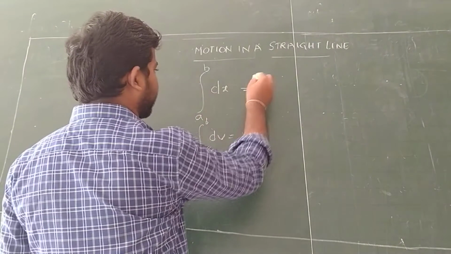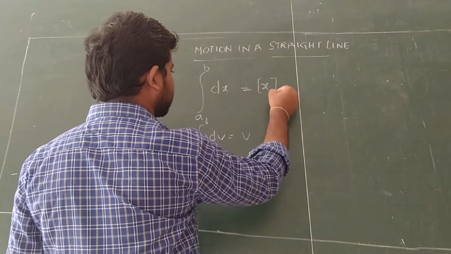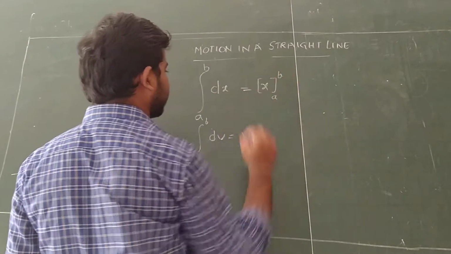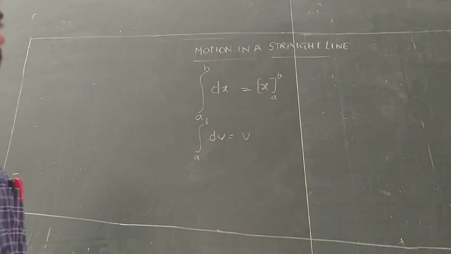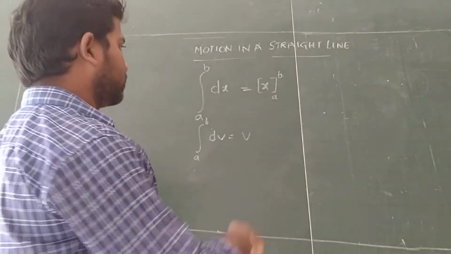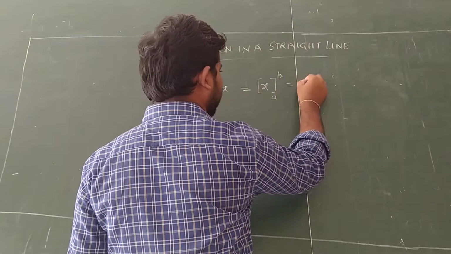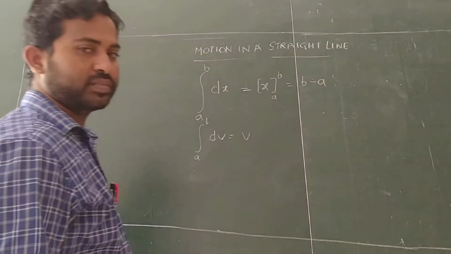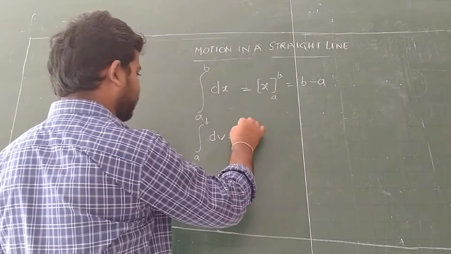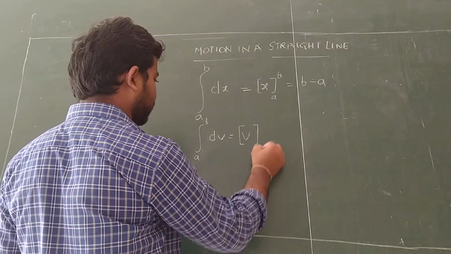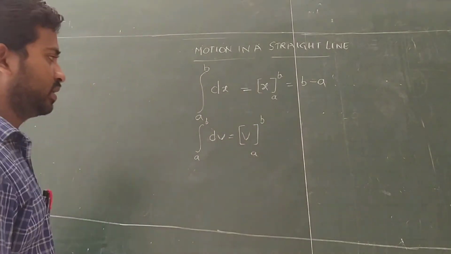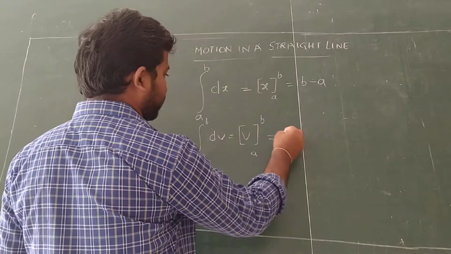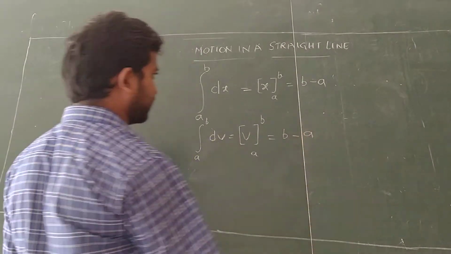After cancelling, we get the value within the limits a to b. To apply limits, we take the upper limit minus the lower limit. In place of x, I substitute b, the upper limit, minus a for the lower limit. So here also a to b, and in place of x we substitute b minus a.